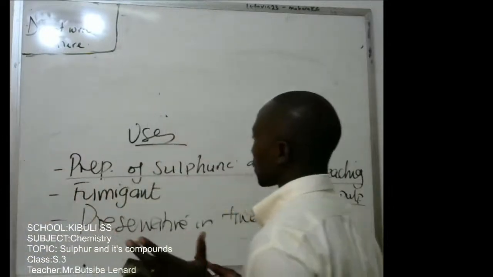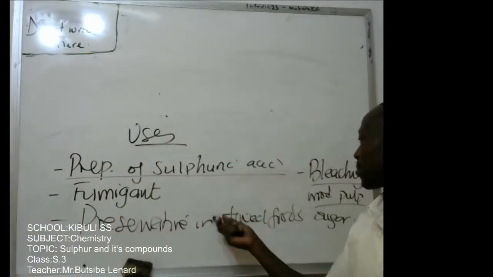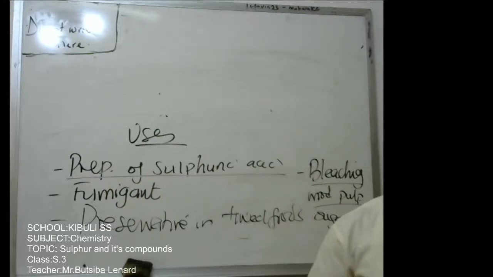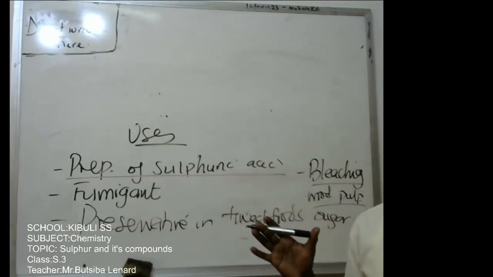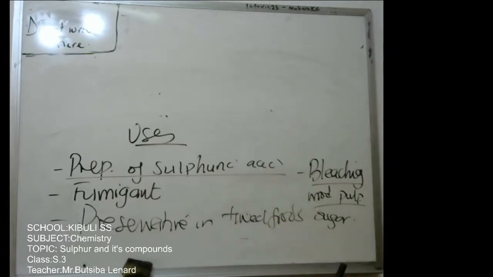Okay. Sulfuric acid, the fumigant, preservative, bleaching agent. Now what I tell you, pick out 1, 2 uses. These are so far 4 uses of the gas. So where are you moving to next?